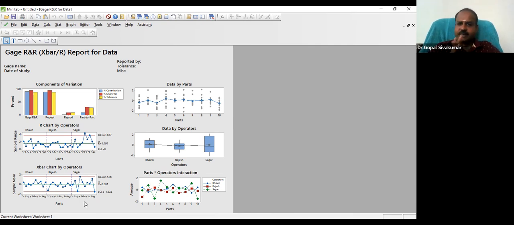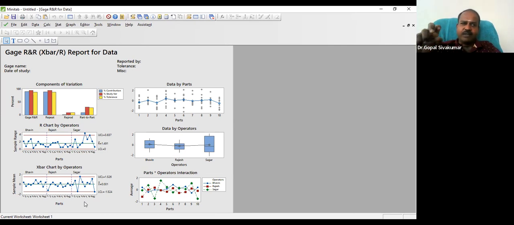Generally, people conducting a GAGE R&R study keep a 50-50 ratio. That means 50% of the items are close to the targeted value. What is the targeted value in the metal plate example? 10 mm, plus or minus 0.5.